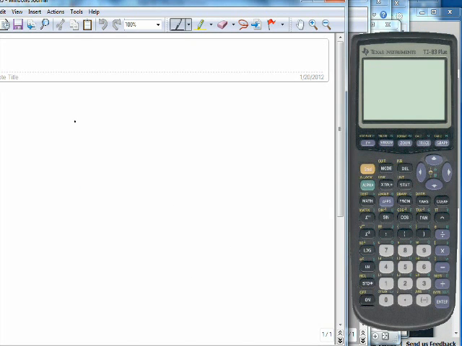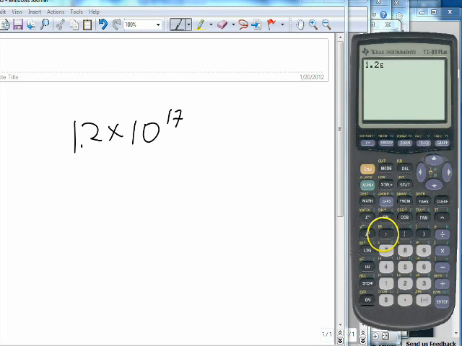So let's look at an example. Let's say I want to write 1.2 times 10 to the 17th. So instead of doing 1.2 times 10 power and so on, or with carets or parentheses, all we have to do is go 1.2, second function EE, 17. We got it. Easy. How about another one?